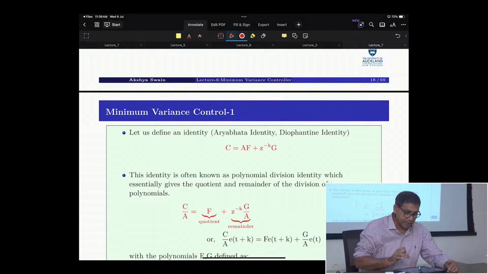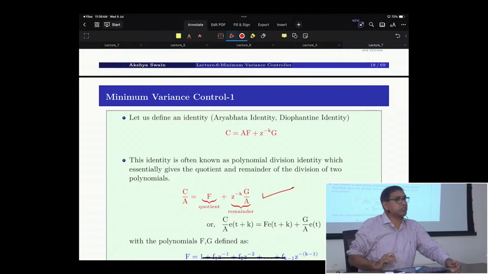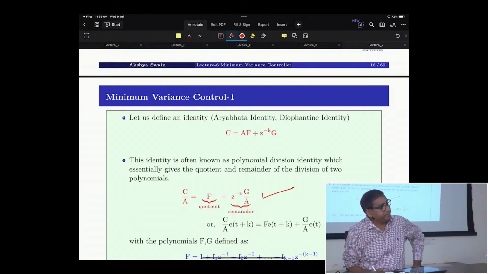See, this part. C by A is equal to F plus Z to the power minus K G by A. Right?